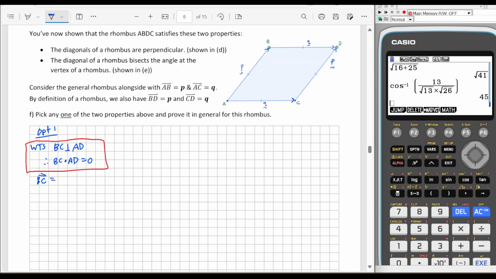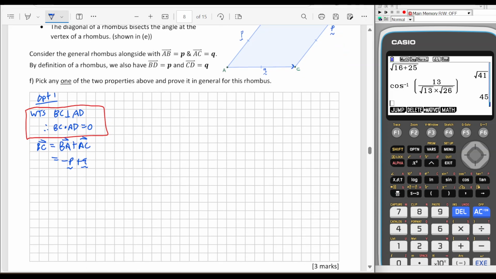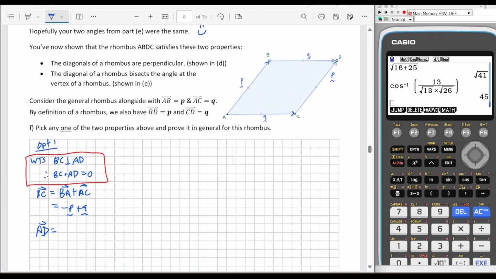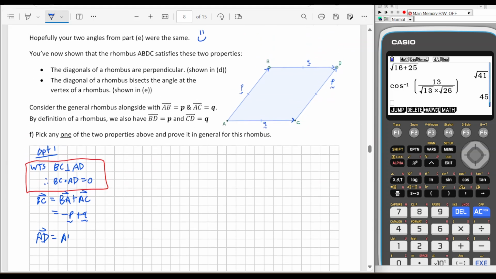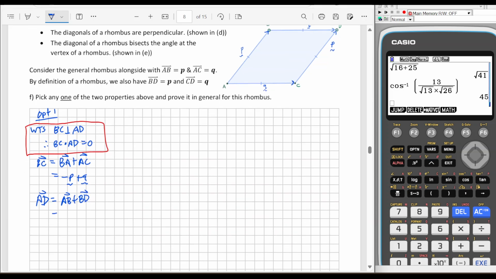BC as a vector is BA plus AC, which is minus P plus Q. And then AD as a vector is AB plus BD, which is P plus Q.